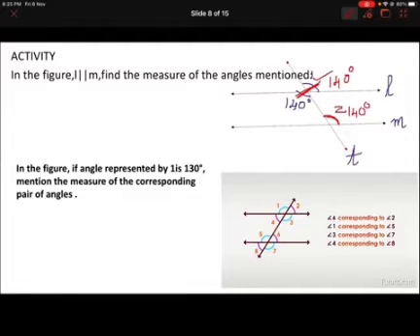So one reason you can give is, yes, it's also 140 degrees because it is vertically opposite to this angle. Again you can say this angle is 140 because this angle and this angle are corresponding angles, and corresponding angles are equal. That's what we have learned.